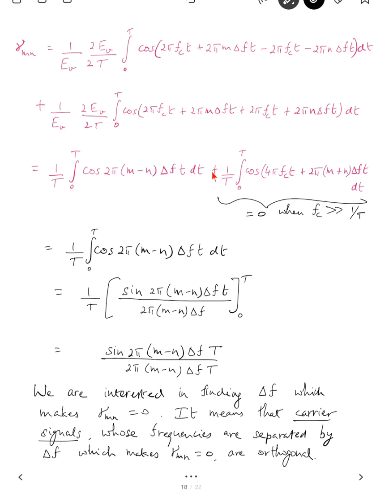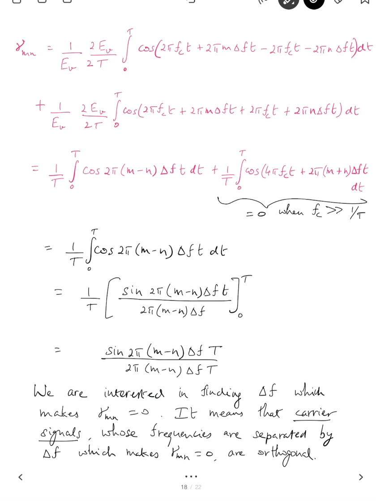So we are left with this particular part of the equation, which is 1 by T times the integral of cosine 2 pi (m minus n) delta f t. Now what is the integral of cosine? It is sine, so it is sine 2 pi (m minus n) delta f t divided by this term, because we are integrating with respect to t. Apply the limits of the integration, which is 0 to T. When you apply T, the variable is t, so you get T here, and when you apply 0, it becomes sine 0, which is 0.